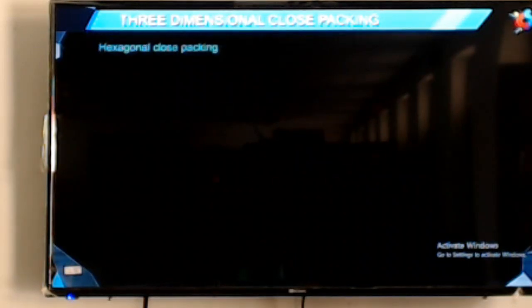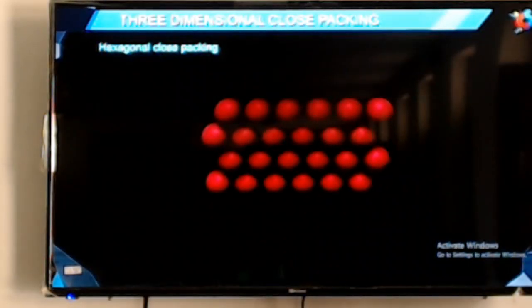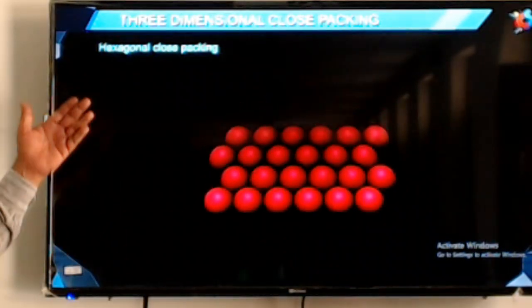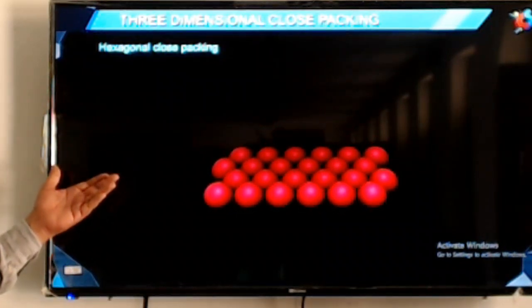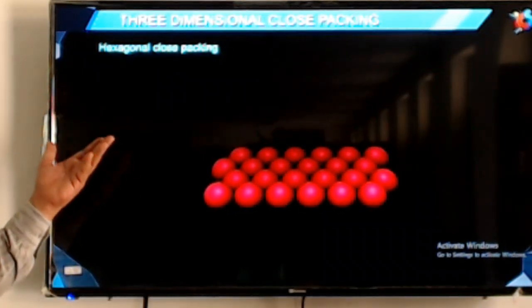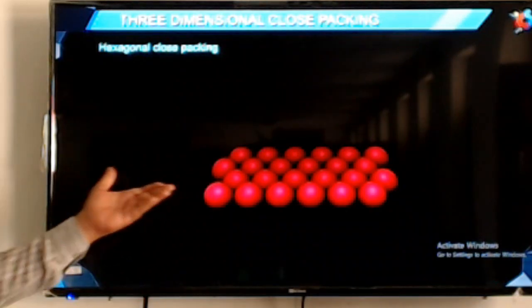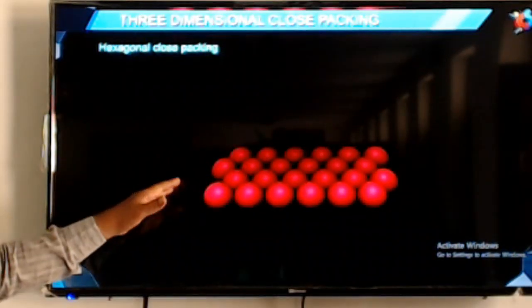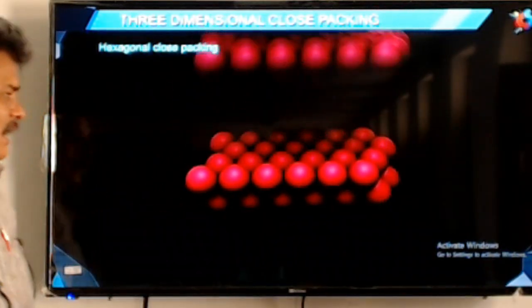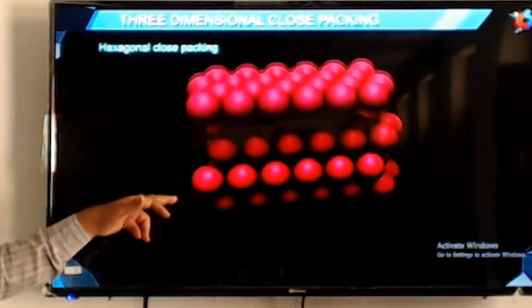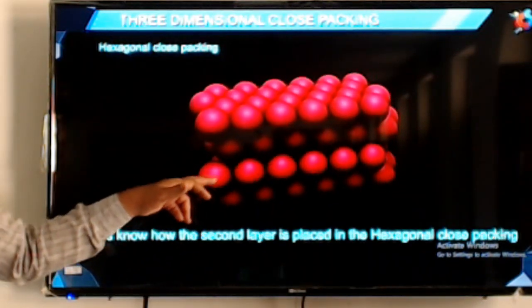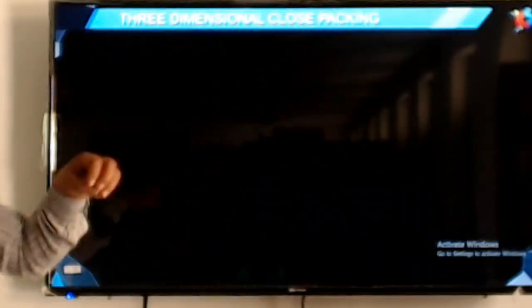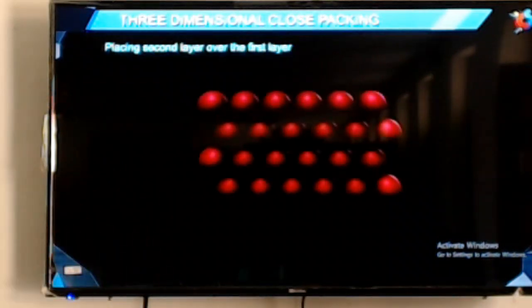And in three-dimensional close packing, if hexagonal layers participate, how will it be in three dimensions? Let us discuss it now. So this is one layer, and we kept the second layer such that the spheres fall in the dips of the first layer.